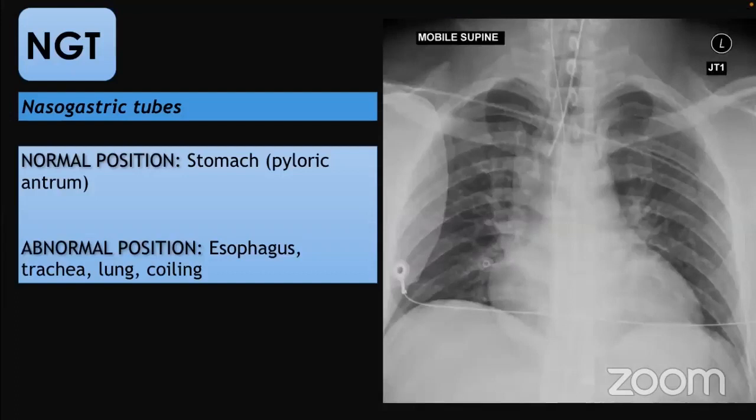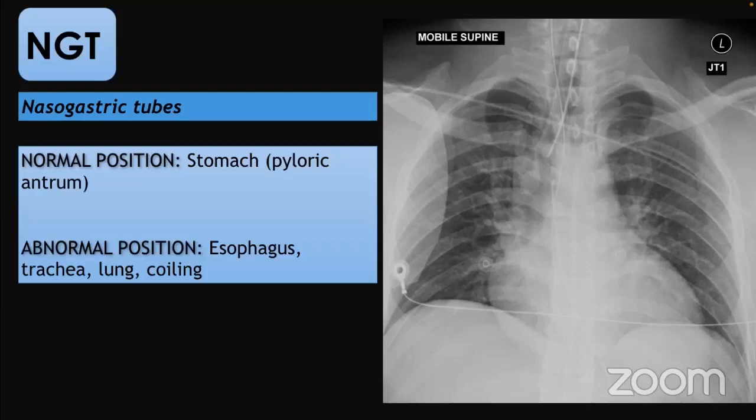And in this image, the nasogastric tube is rolled up in the esophagus, and the tip is seen at the mid thoracic esophagus here.